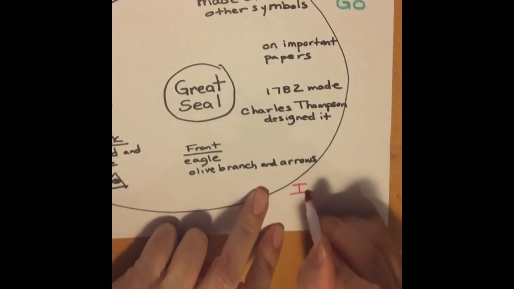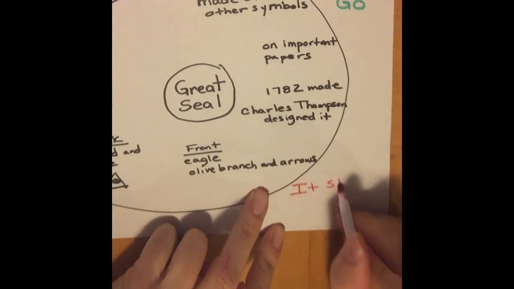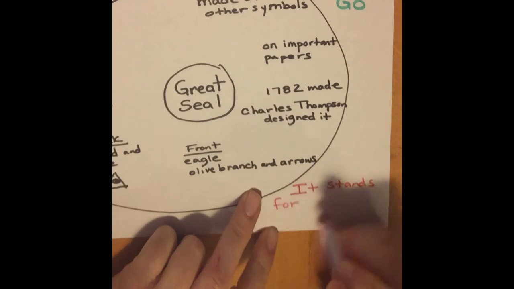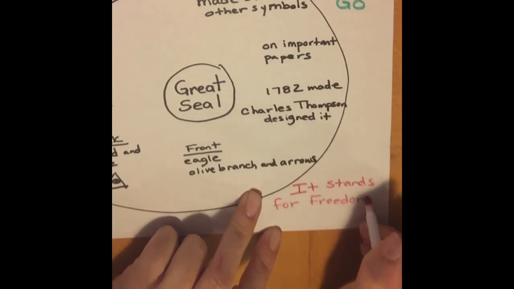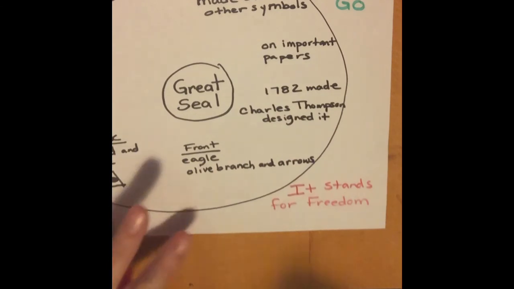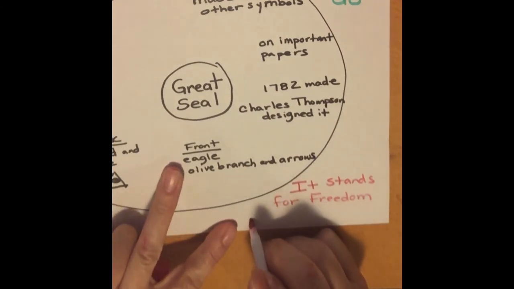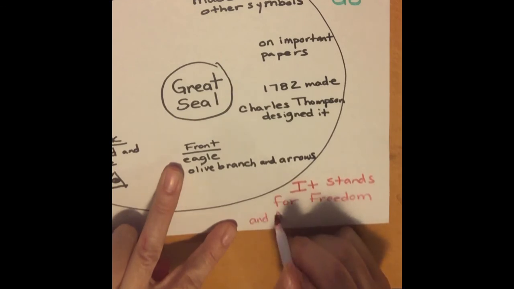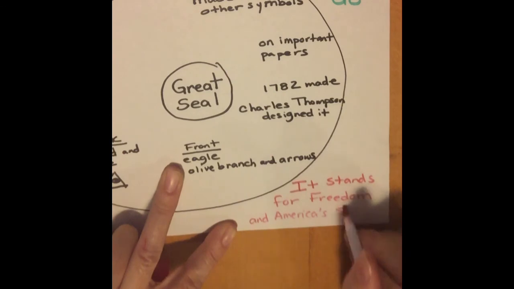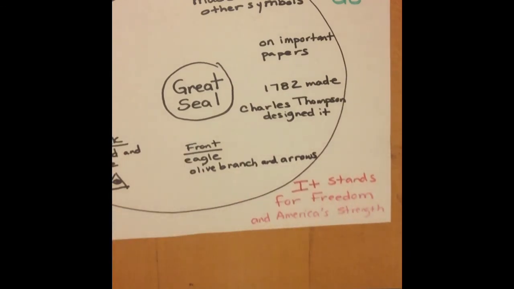So we're going to put what it stands for in the bottom right-hand side. Notice I wrote it stands for, and I learned from my reading that it stands for freedom and America's strength. So I'm going to write those 2 things down. Some of you might just have one thing that it stands for. A lot of the symbols stand for freedom and strength. So you're going to have a lot of the same meanings for each symbol.